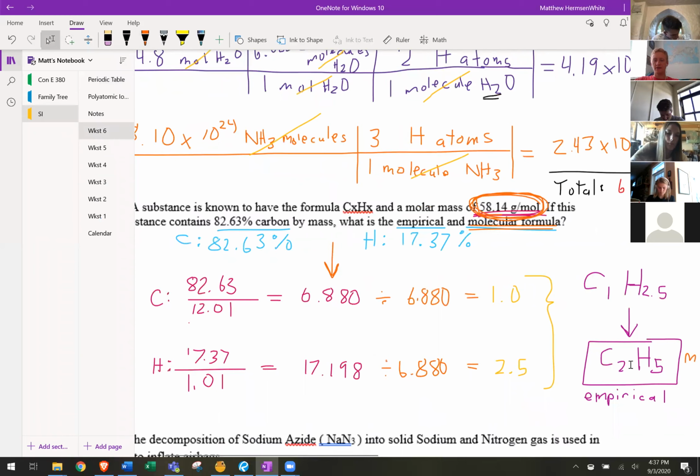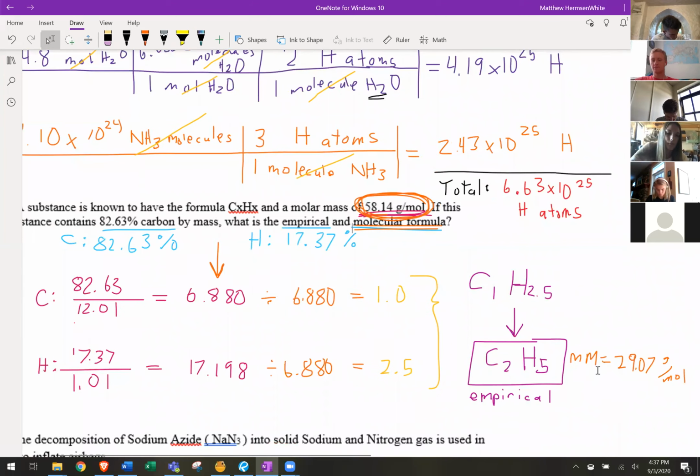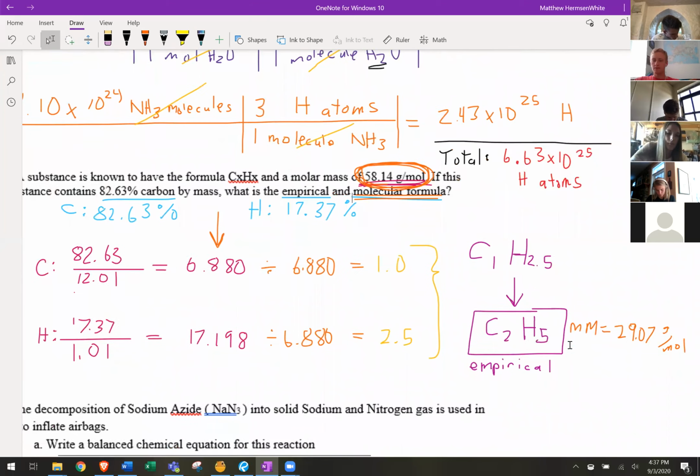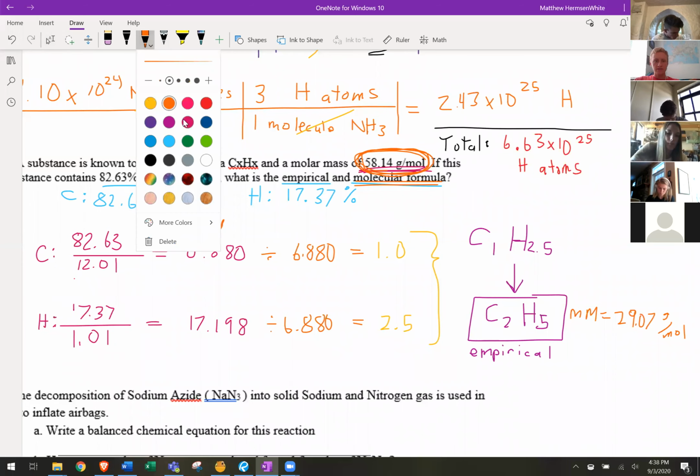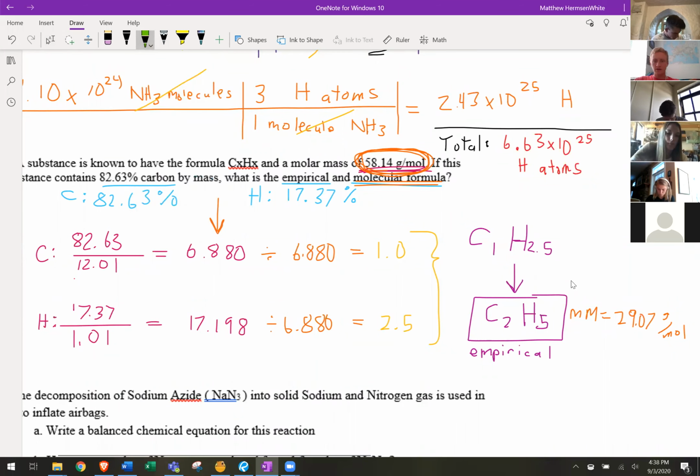So if you add 2 times 12 plus 1 times 5, you get the molar mass for this one, which is 29. Well, look, 29 is half as small as 58. So if you want to confirm this, do 58 divided by 29, and you see that it's equal to 2.